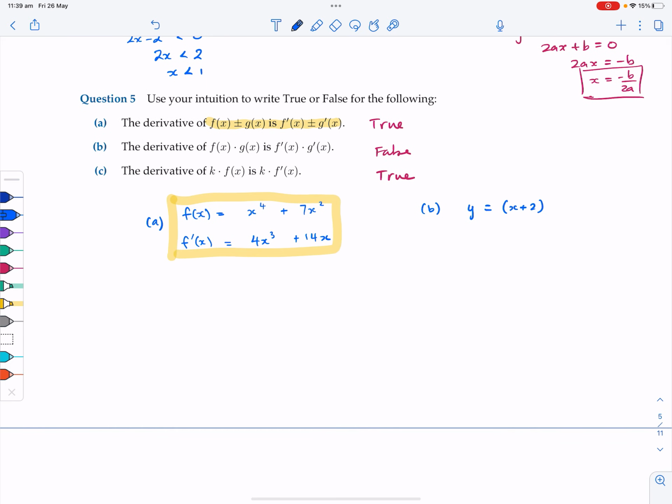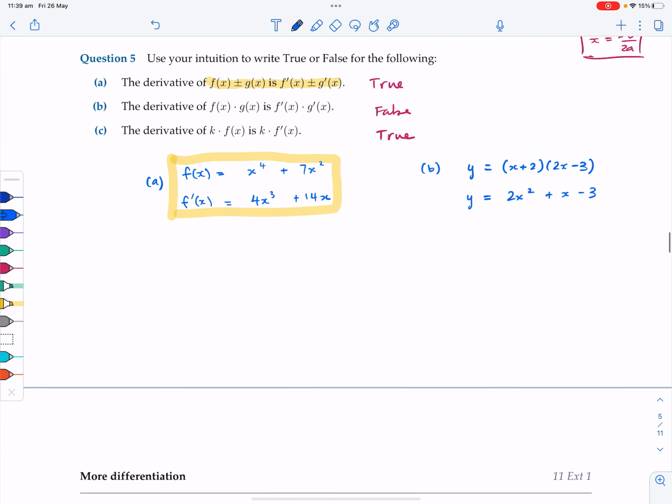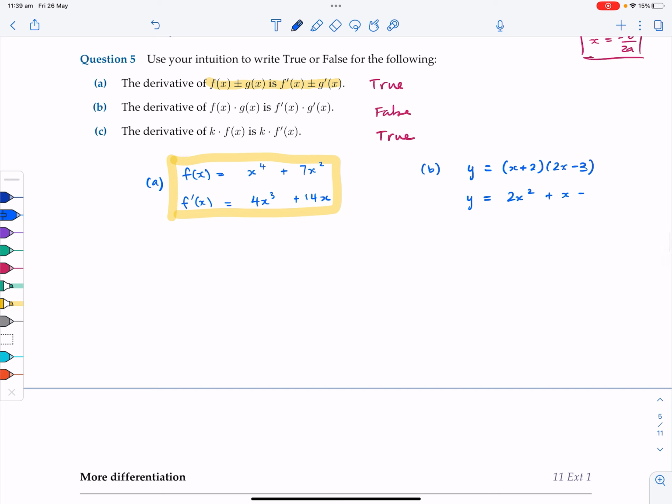Anyway, so expanding, we get 2x squared plus 4x plus x minus 6, rather. And now when we differentiate that, we get y dash equals 4x plus 1.